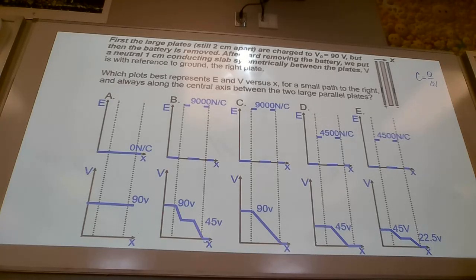Let's see. Okay, I'm going to try the other approach. Then we'll see if we can figure out this approach. I'm going to look at it as two parallel plate capacitors wired in series. Okay. In series, the total capacitance decreases.